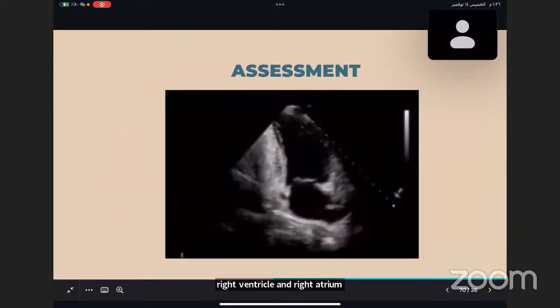Then we can assess the left ventricle, like the same in the parasternal view: left ventricle, right ventricle, right atrium.